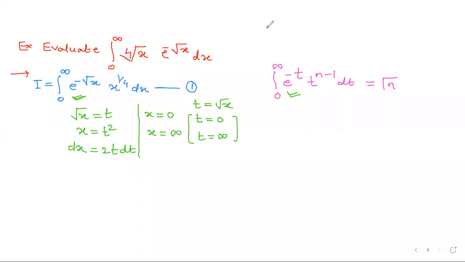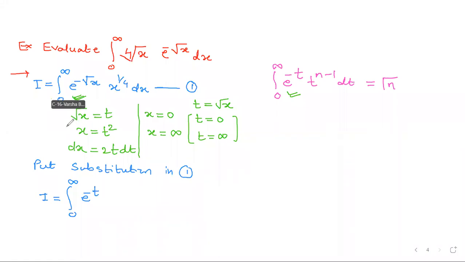Then put all this substitution in equation number 1. Integral becomes, no change in limit, e raised to minus root x, so it becomes e raised to minus t.